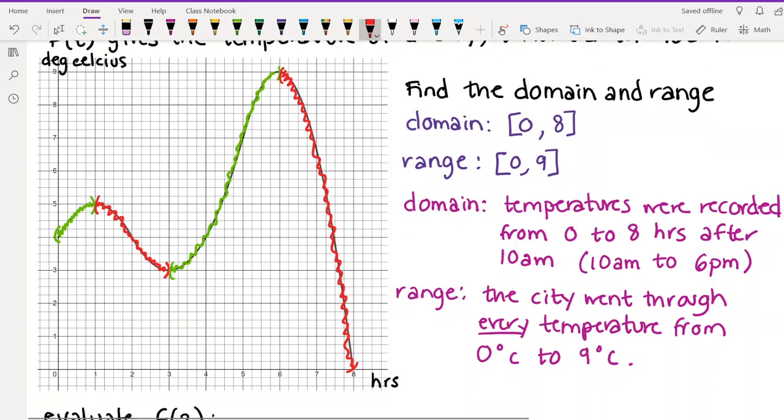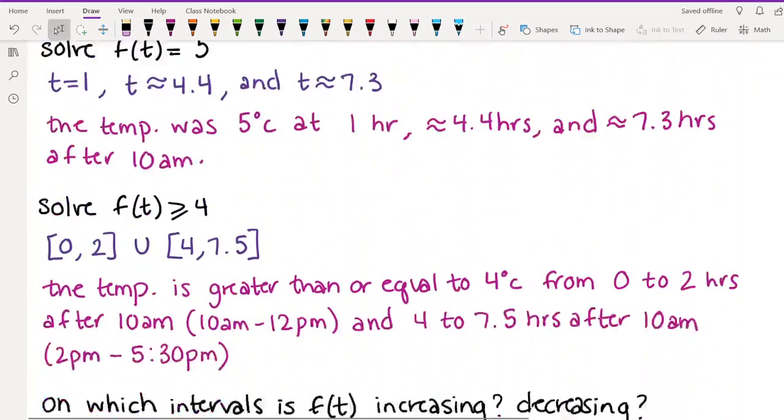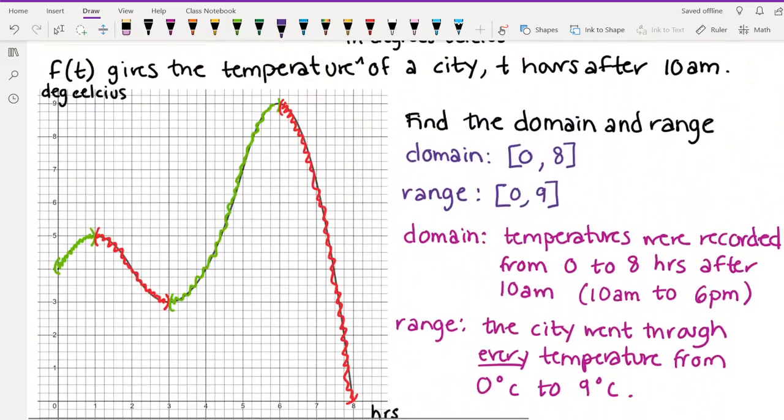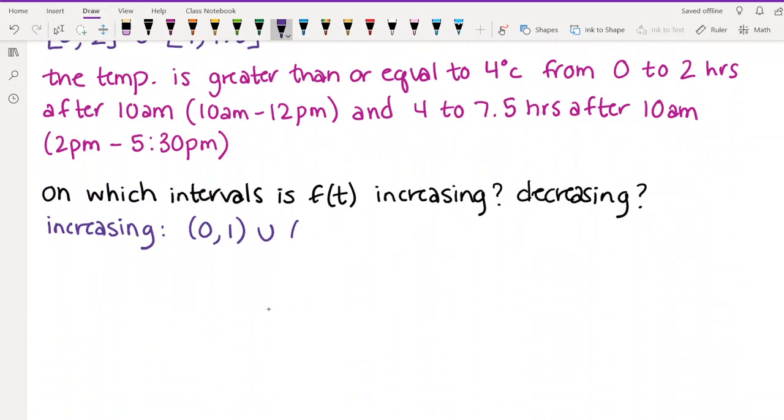Okay, so the first interval where it's increasing was from 0 to 1, and then also from 3 until 6. What does that tell us in terms of this situation? It tells us that the temperature was increasing, because we can see on the graph that the temperature was going up. So when was it increasing?